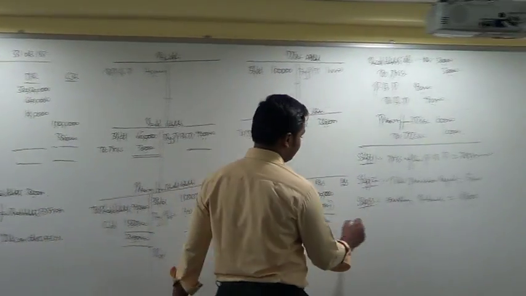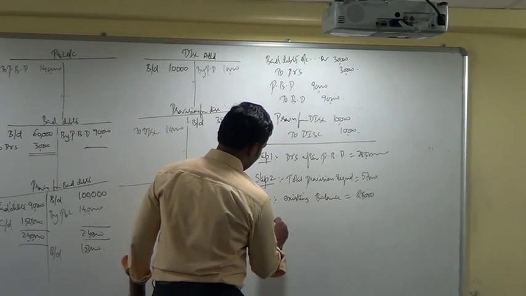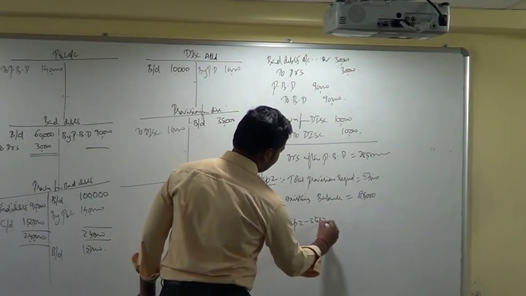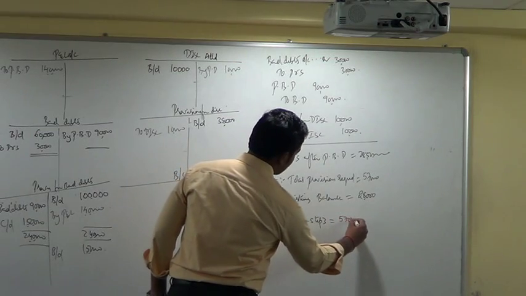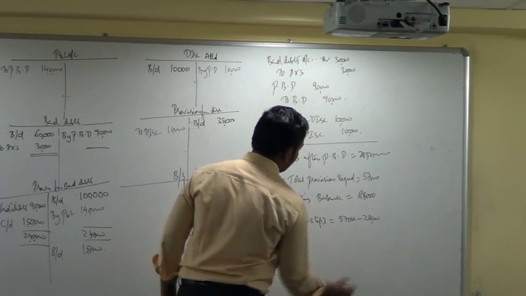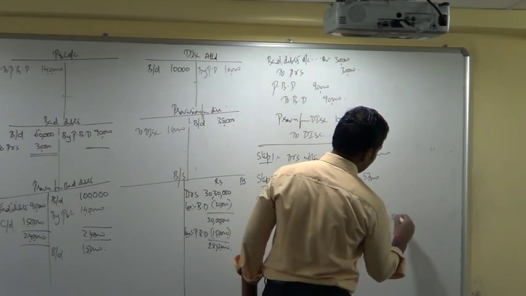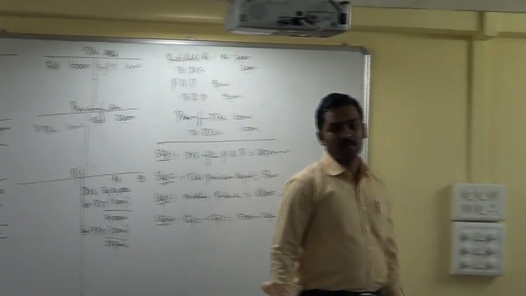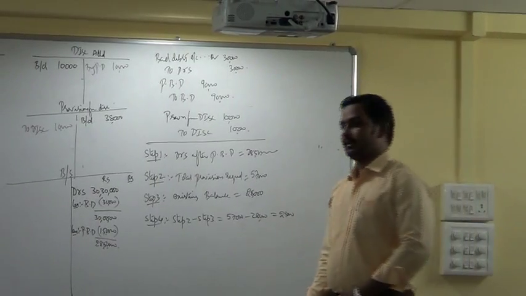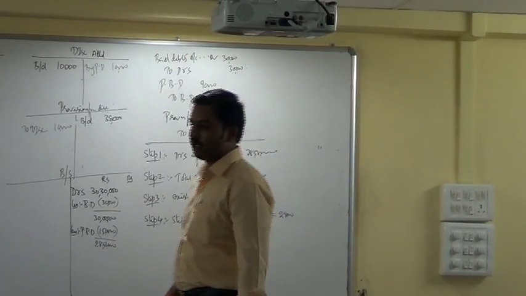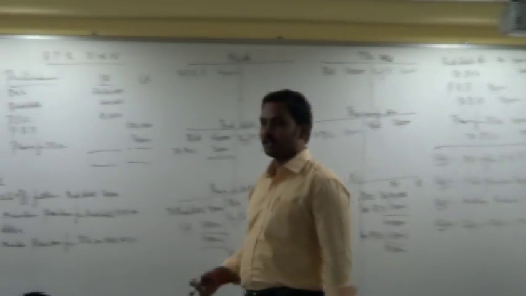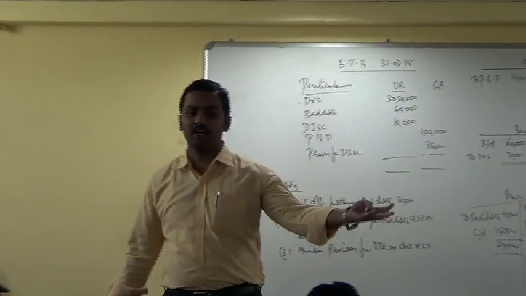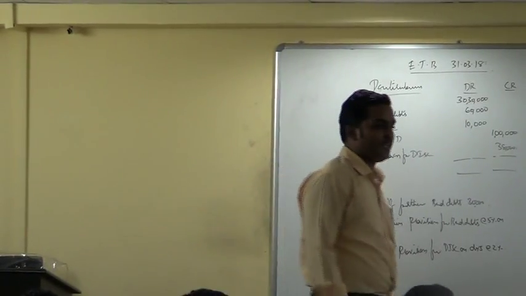Step 4: Step 2 minus step 3. 57,000 minus 28,000. How much is it? 29,000, positive. This is the amount of shortfall. How will you meet that shortfall? Debit profit and loss account, credit provision for discount account. You will pass an entry.